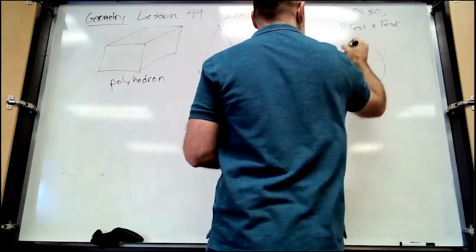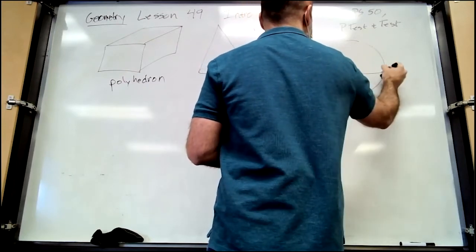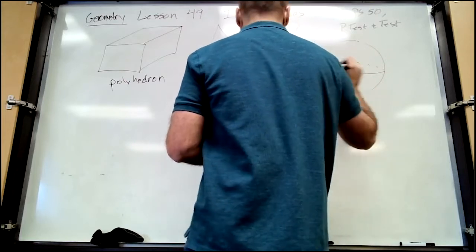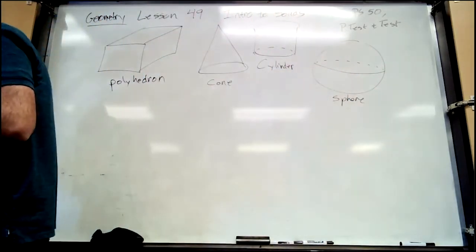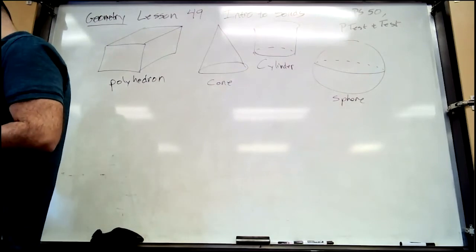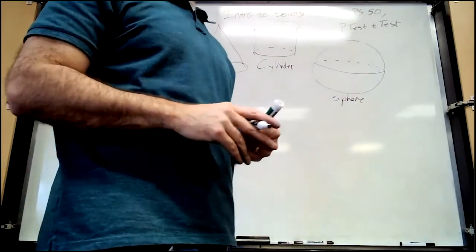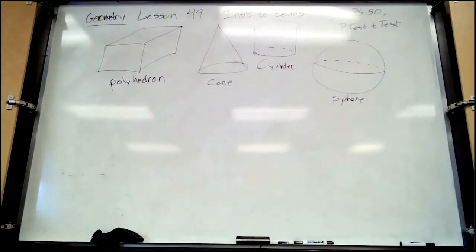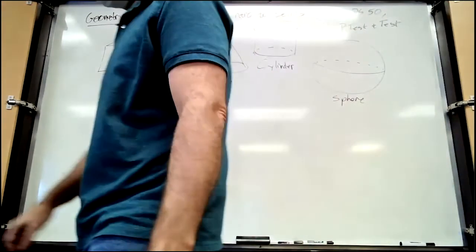Here's a sphere, and usually what we do for a sphere is we kind of do something like that. Okay, so in your homework, you're going to have to classify each of these types of things. So it's going to give you, is this a polyhedron, a cone, a cylinder, or a sphere? Okay, so let's do that.